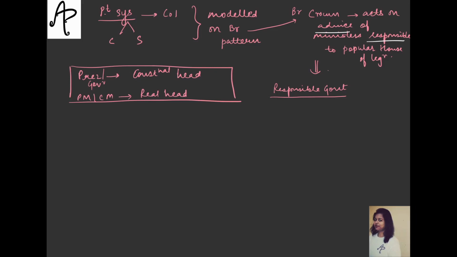Even if we have said that our system is modeled on the British line and there are similarities, there are certain differences also. Of course, there are multiple differences which we have seen in the parliamentary system, but here the difference we are trying to see is with respect to the placing of the cabinet system.